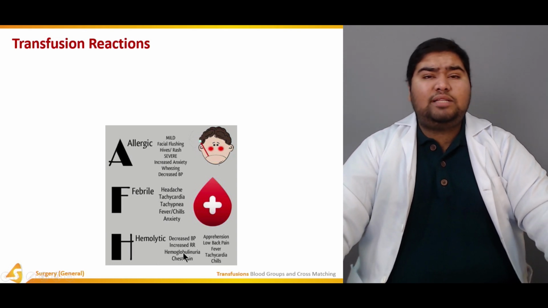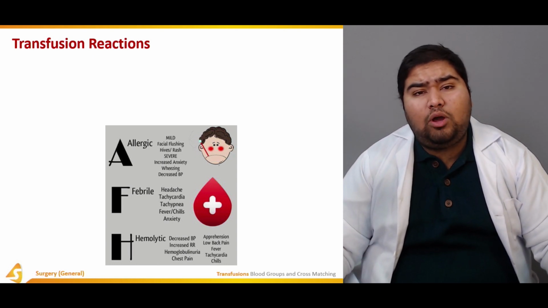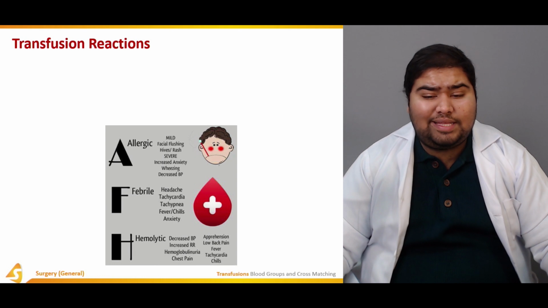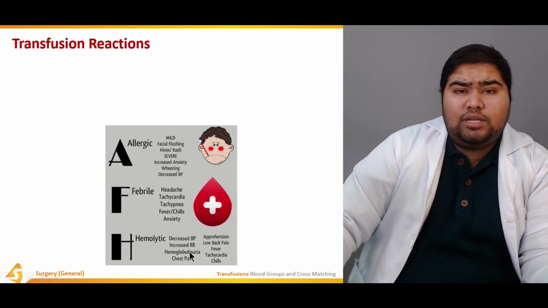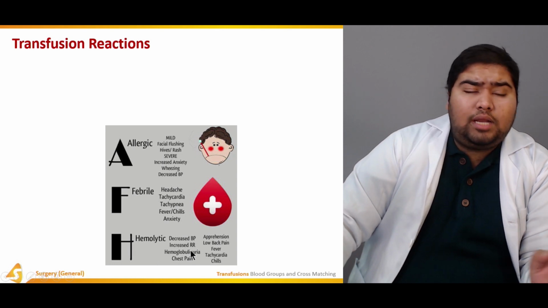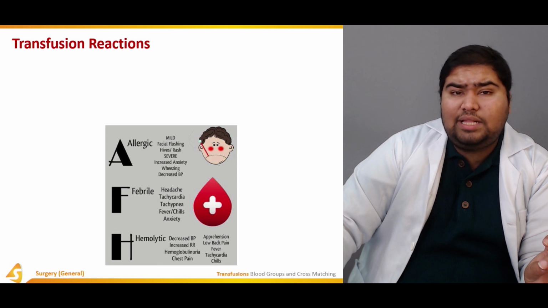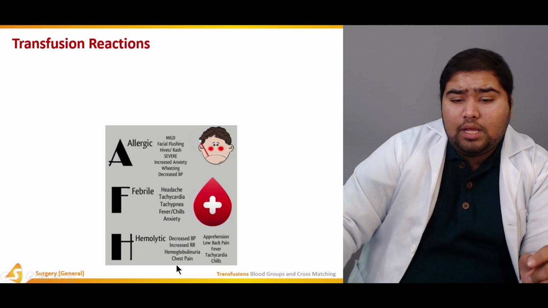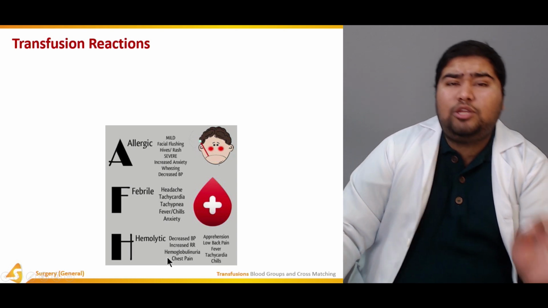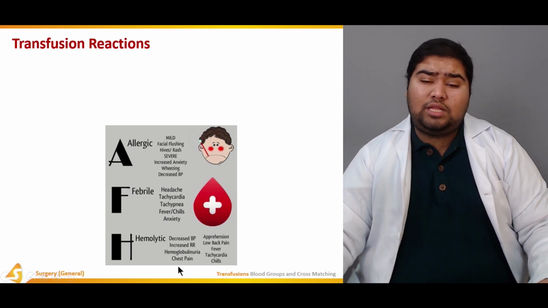Now, hemolytic transfusion reactions, as the name implies, are caused by the hemolysis or destruction of the red cells. So there can be decreased blood pressure, and there can be increased respiratory rate. The blood pressure is decreasing because there is extensive destruction of the red cells. There is increased respiratory rate as a result of compensation. There can be hemoglobinuria due to extensive destruction of red blood cells and hemoglobin being released in the urine.